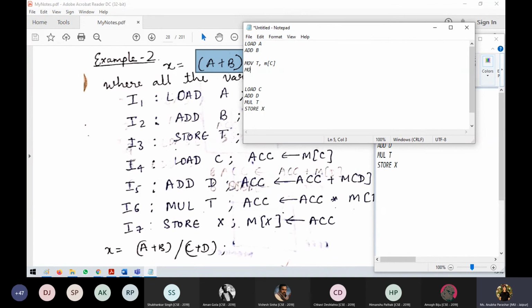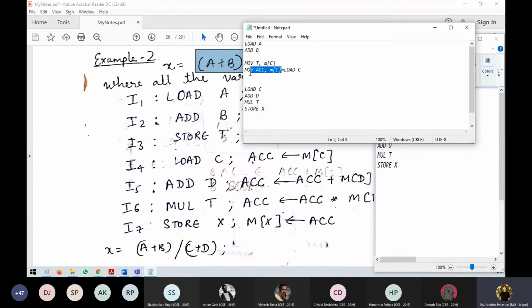Can we use move accumulator, comma, memory? Yes, we can do this, but by default it is LOAD C. If you wish to, you go for it.